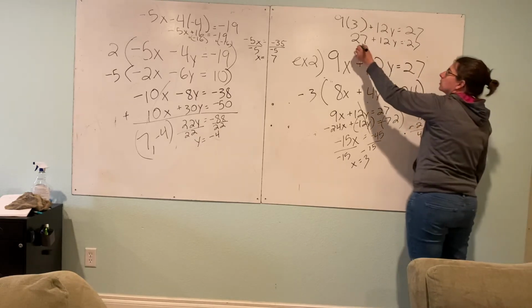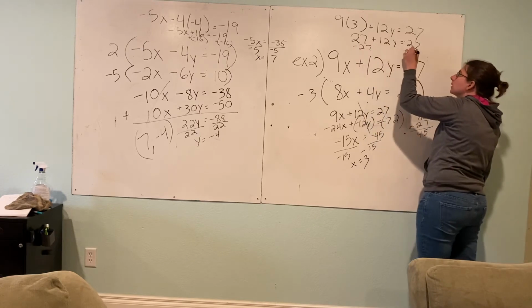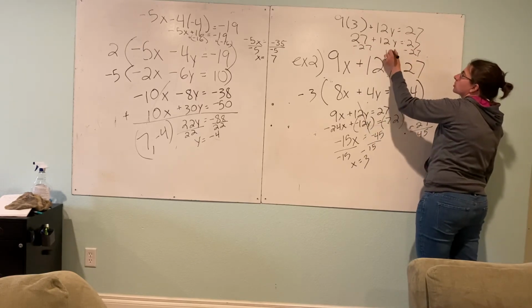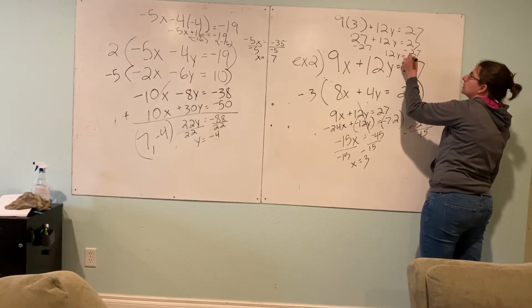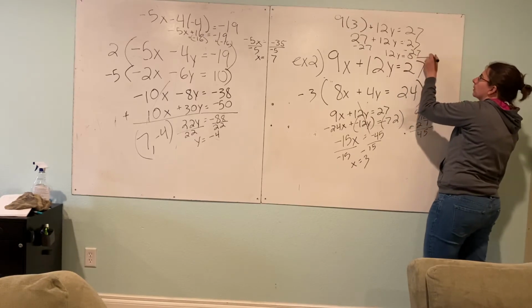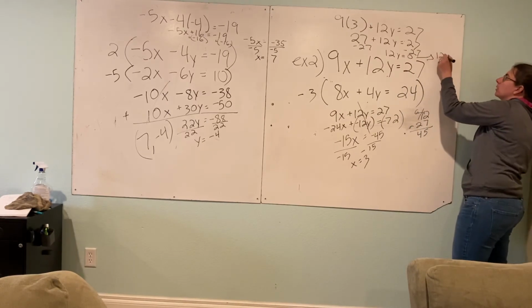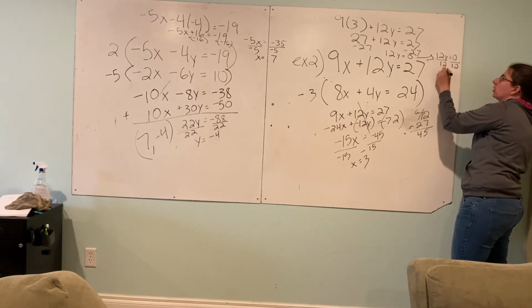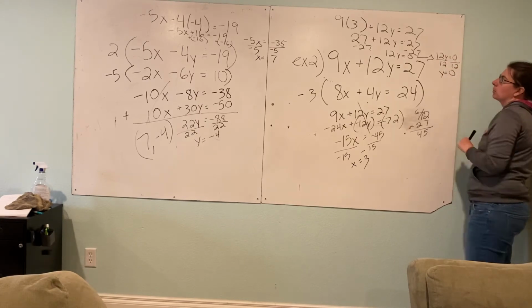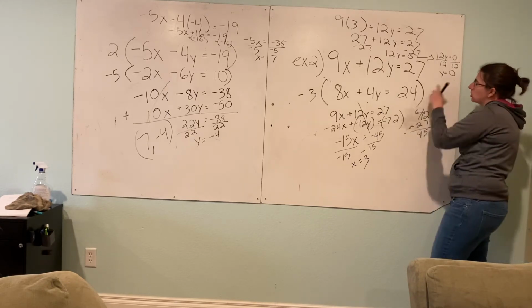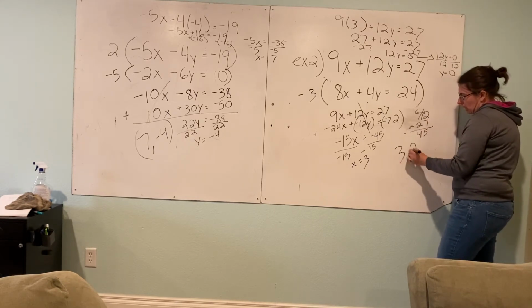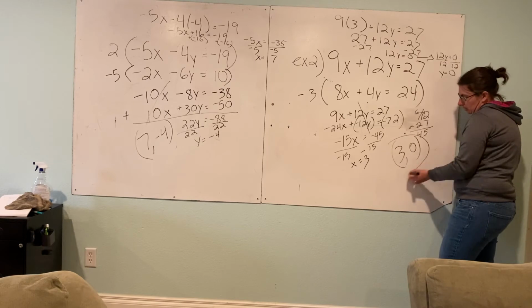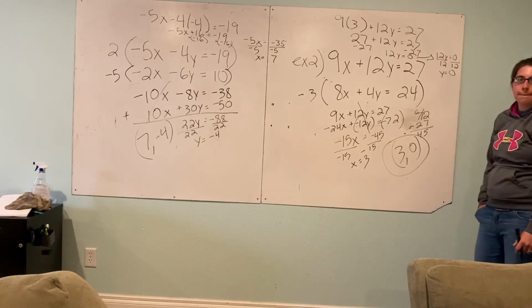So we're going to subtract 27 from both sides. 12y equals 0. So we're going to divide by 12. Y is going to equal 0. So our answer here is 3, 0 for this equation.